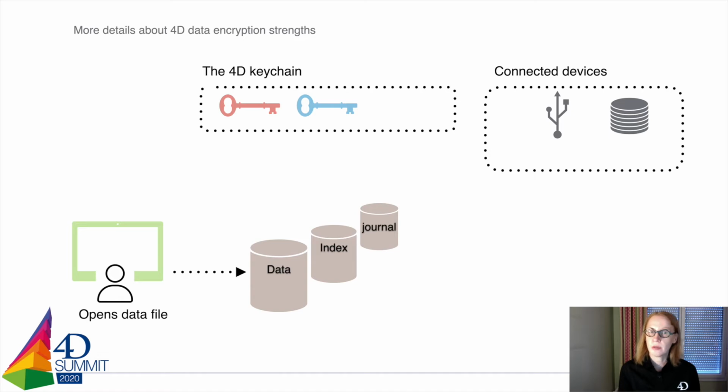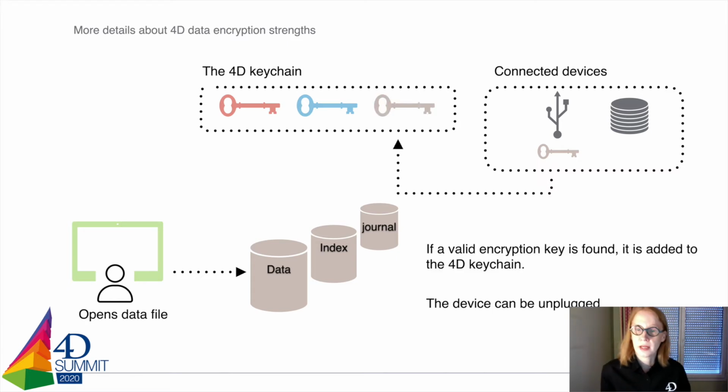We have some encryption keys in the keychain, but not the valid one. And we have some connected device, like a flash drive. And on this flash drive, we have the valid encryption key. 4D finds it, it is added in the keychain. Access to encrypted data is granted, and if we need, we can unplug the device.